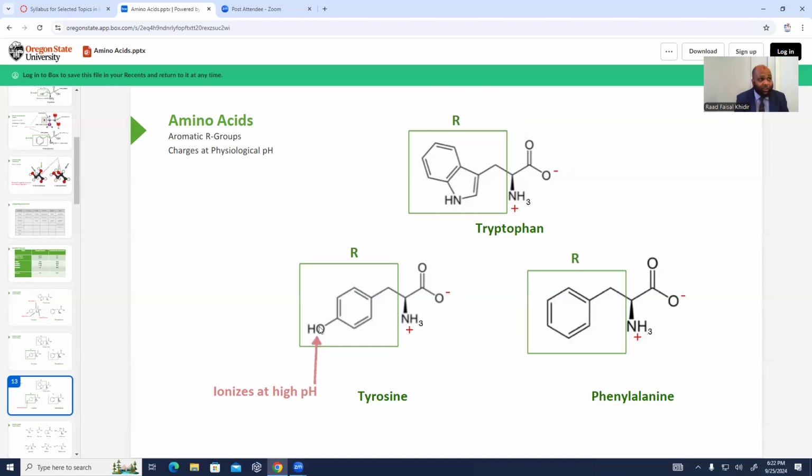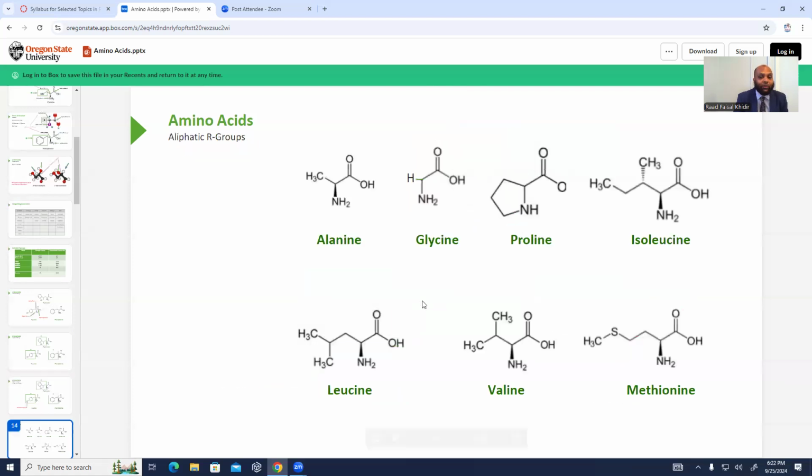It means that the hydrogen proton is too low. So these guys are going to come to help, and the OH is going to throw away its hydrogen and become ionized with a minus charge. But at very low pH, when there is so much hydrogen proton, the NH2 is going to become NH3.